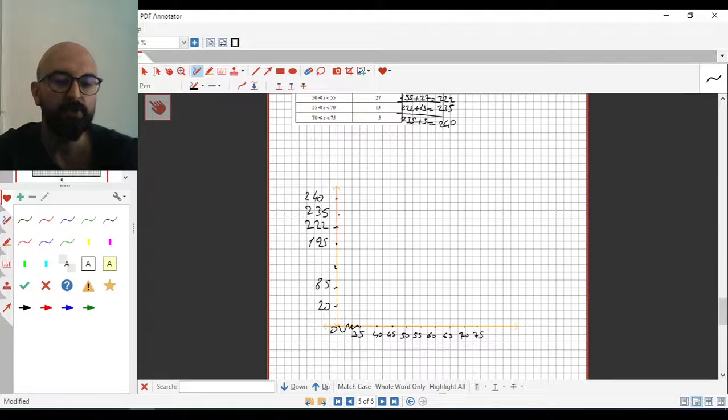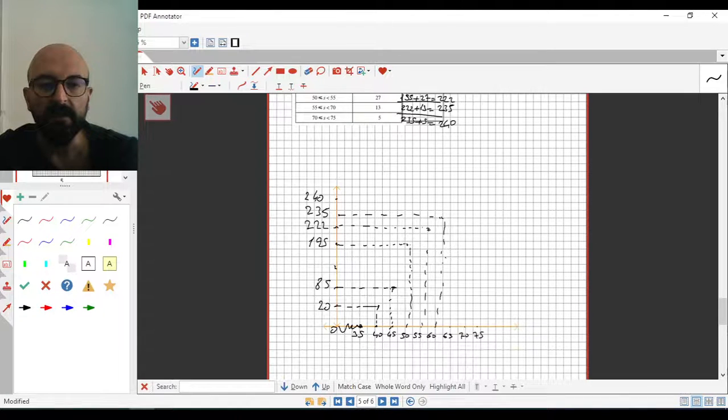So our graph should start at this point, and the other points are 40 and 20, and 45 and 85, and 50 and 145, 222, and we have 55, and 60 and 235.